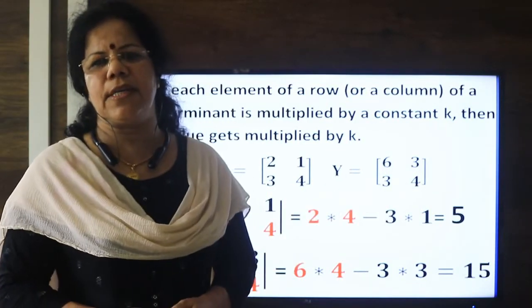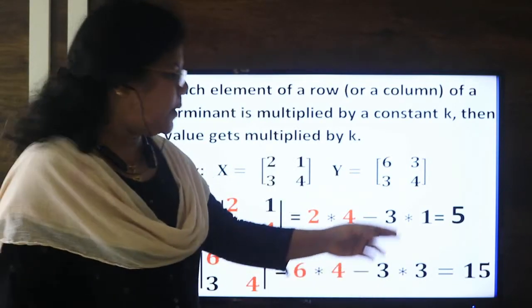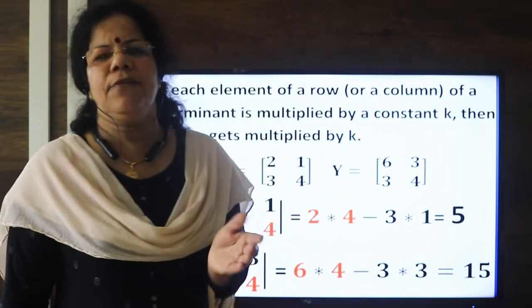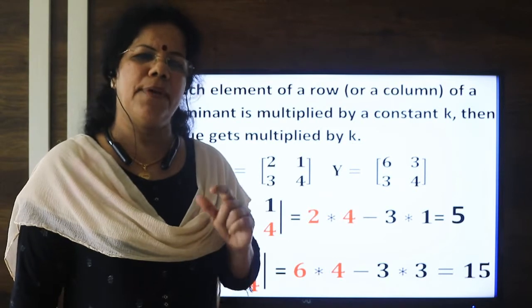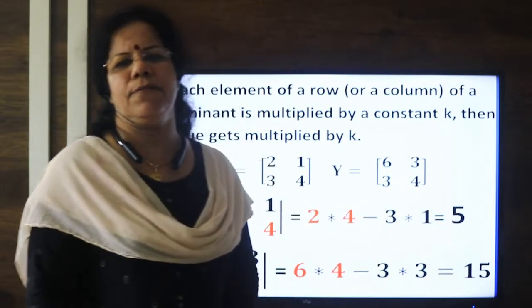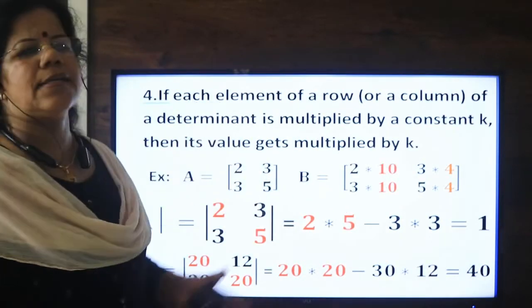The answer is 15. But you see the direct expansion, we got 5 and 15. 5 into 3 is 15. So the determinant got multiplied with the same constant 3. Now let us see one more example. The same property is written here.